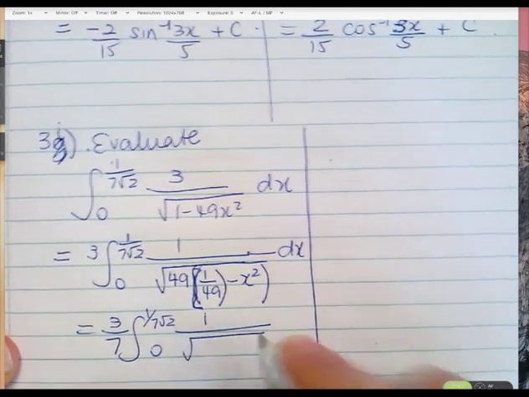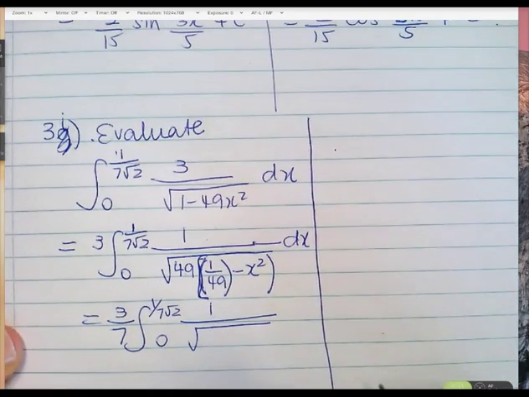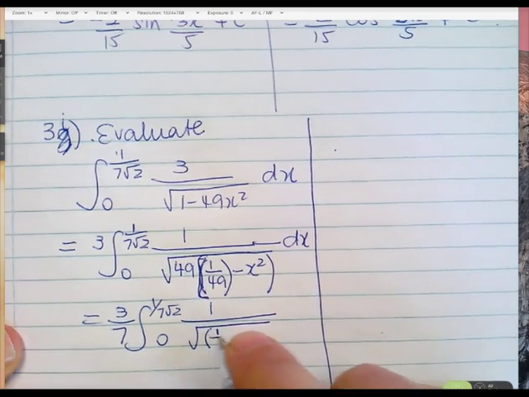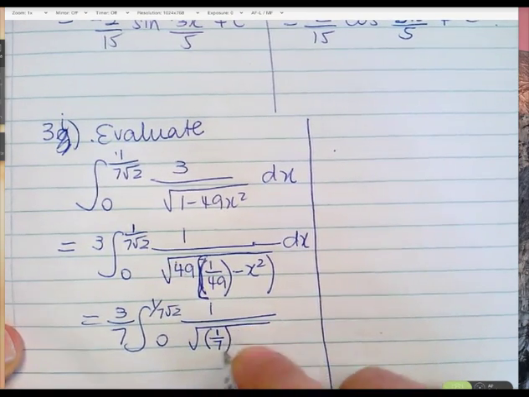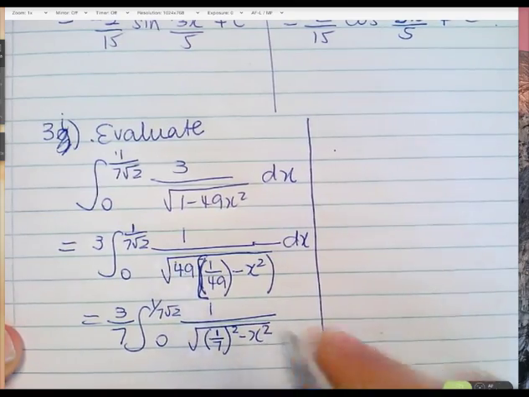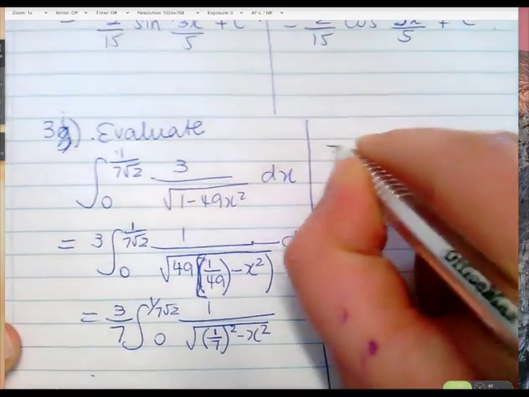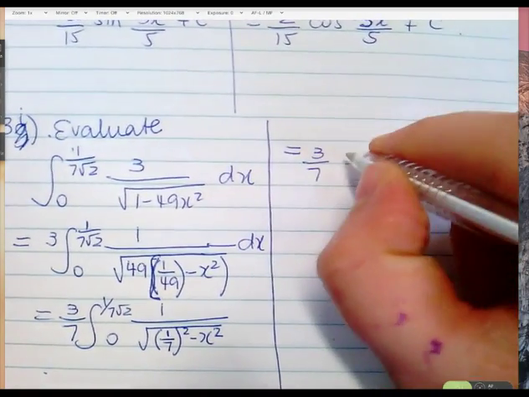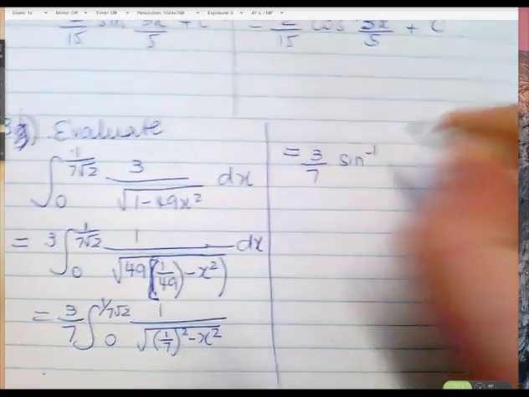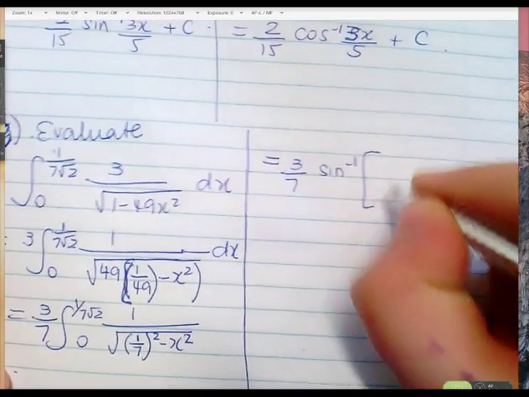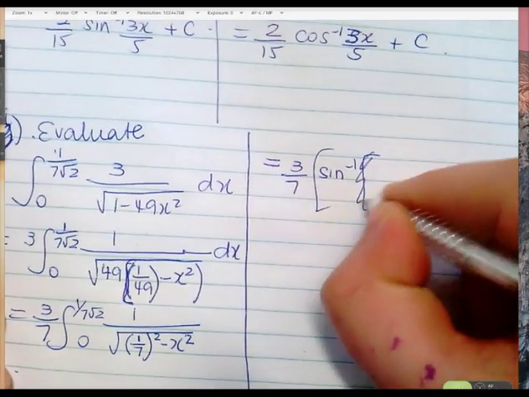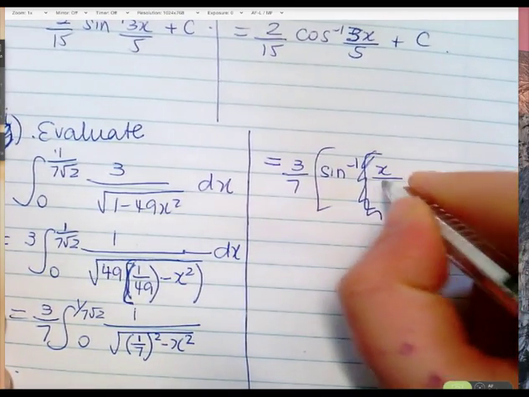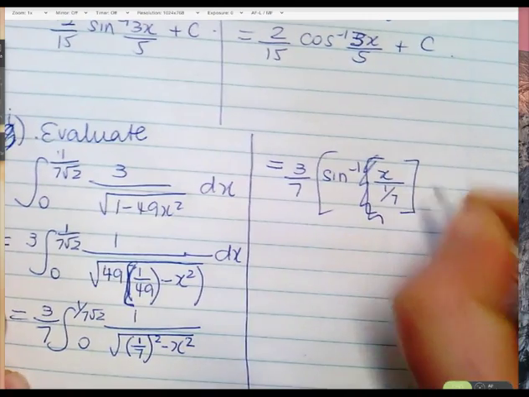1 over the square root of what? How are you going to make that look? 1 on 49 is what? 1 on 7 squared minus x squared, which is now 3 on 7 inverse sine of x divided by 1/7, plus c.